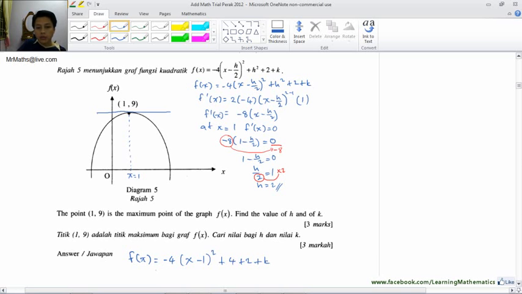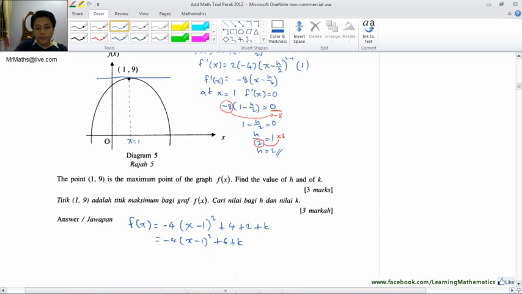So that is equal to minus 4 x minus 1 squared, let's just leave this bracket and square there, 4 plus 2 is 6 plus k.